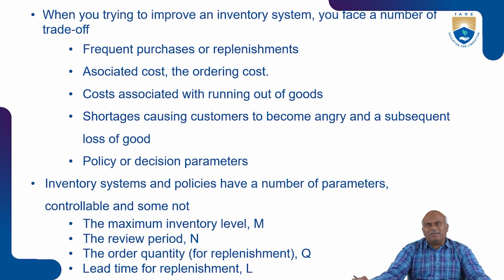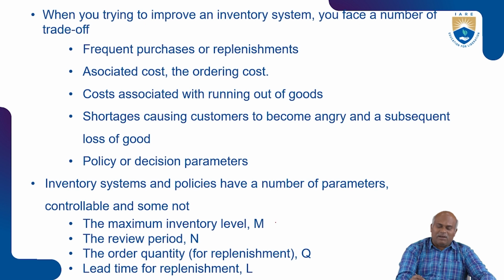For the inventory system, the policy has a number of parameters. Here I will mention some parameters. One is the maximum inventory level, which we call M. The review period I call T, that is the time.